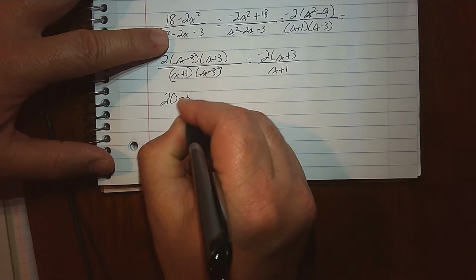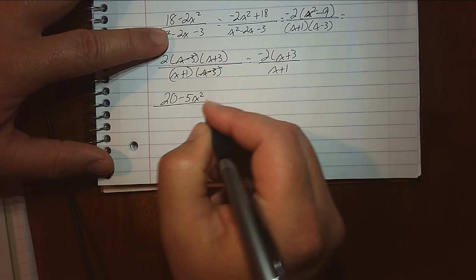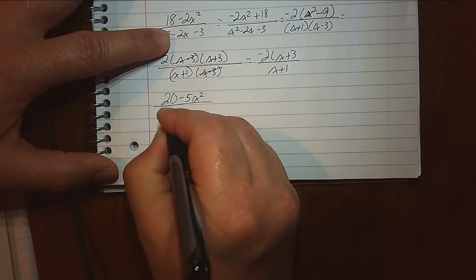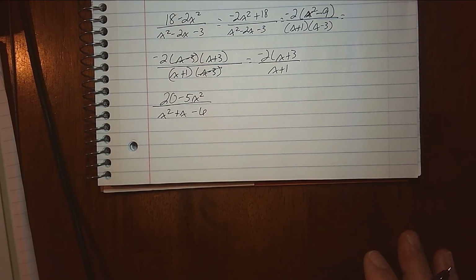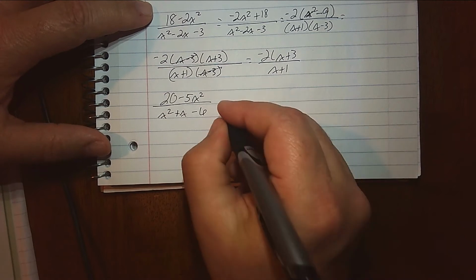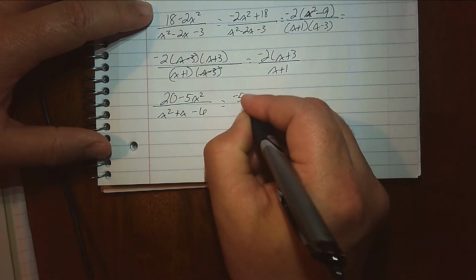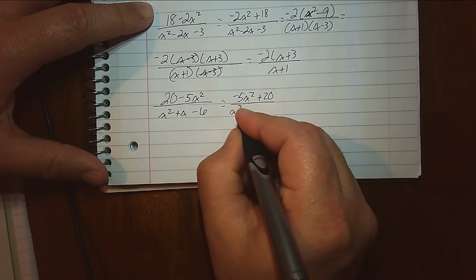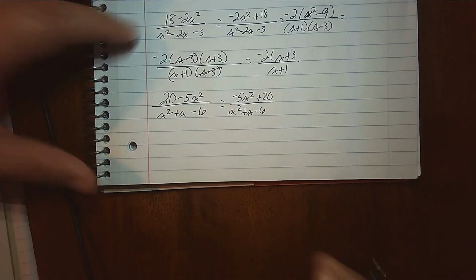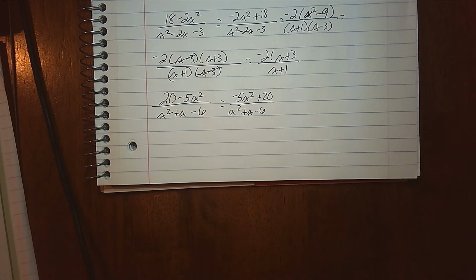20 minus 5x squared over x squared plus x minus 6. All right, so I've got to move this around. Like I said, you don't have to solve it, but for my brain, it doesn't hurt as bad.